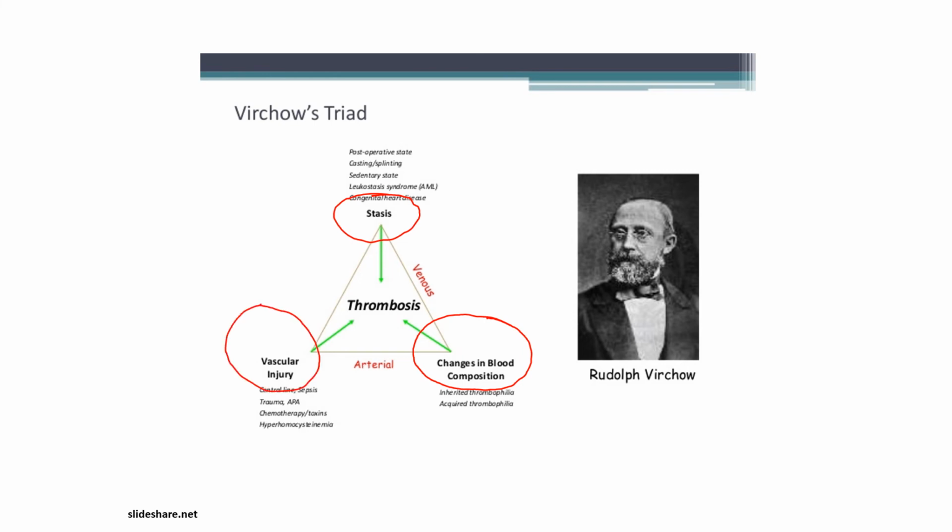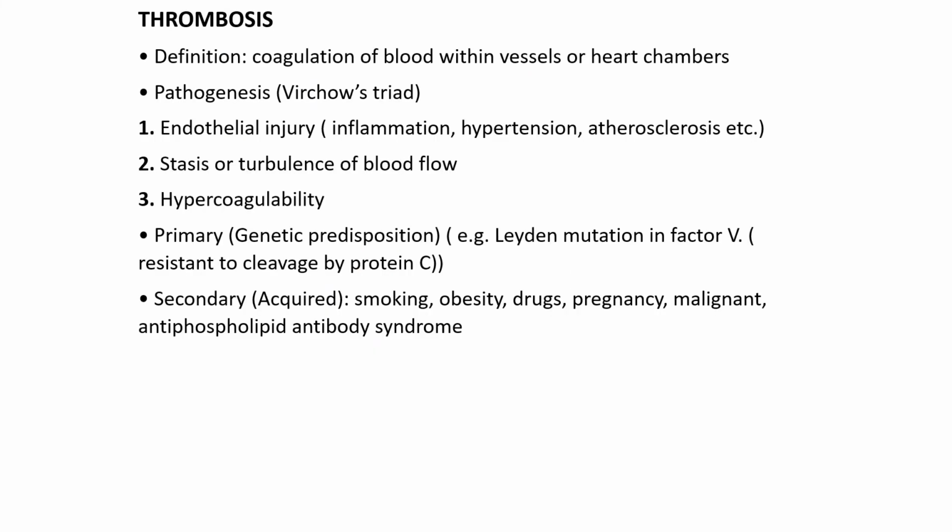If you have abnormality in one of these components, this will lead to thrombus formation. Okay. For example, we said thrombosis is pathologic if you have a clot within the circulation. What causes a clot? Either endothelial injury or stasis or hypercoagulability. Blood components, blood circulation, or the endothelium.